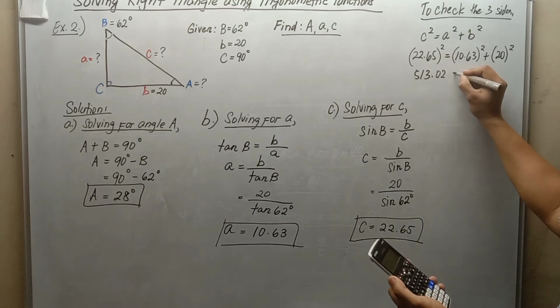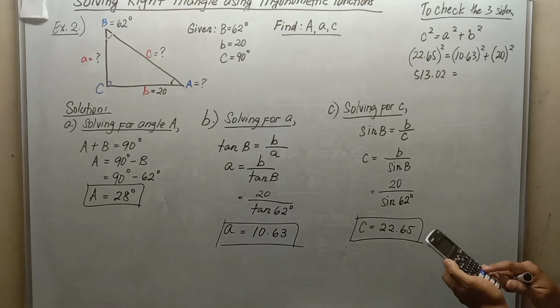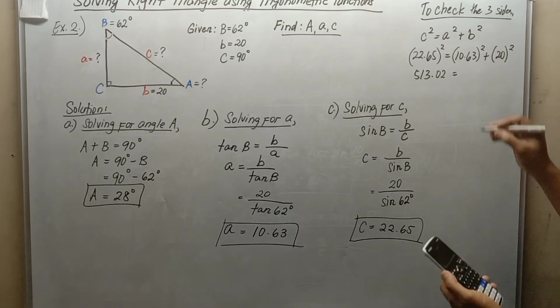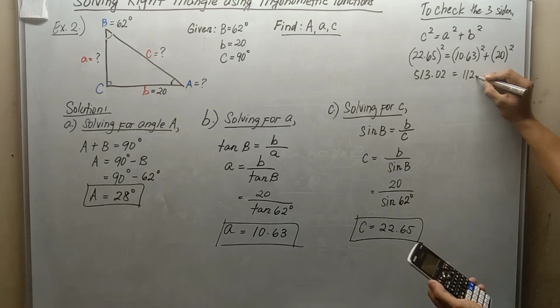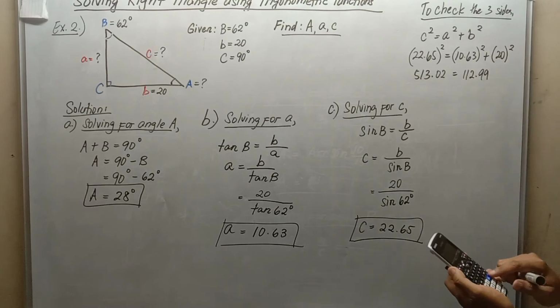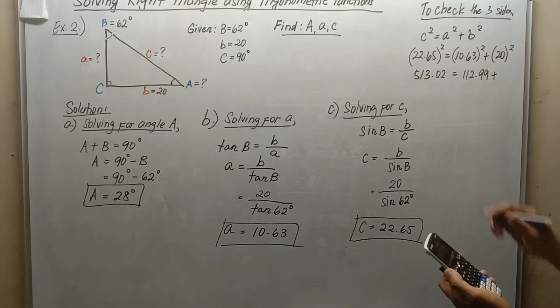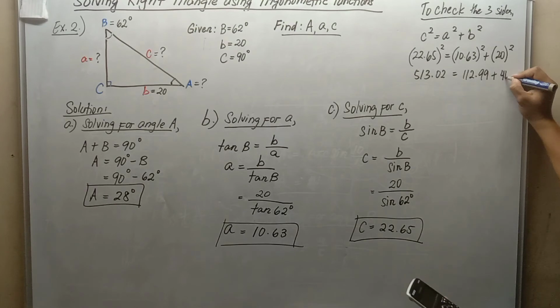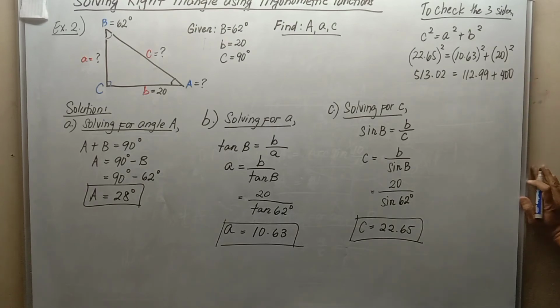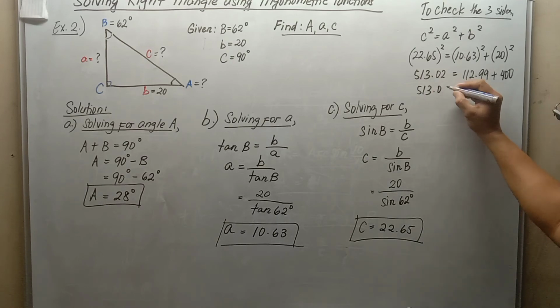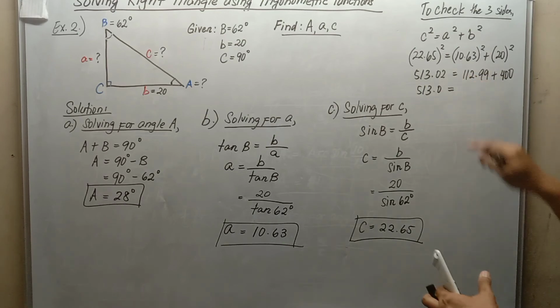513.0. So this one, how much? 10.63 squared is 112.99. This one plus 20 squared, 400. So 513.02 or 513 is equal to this one, guys, we can round off.